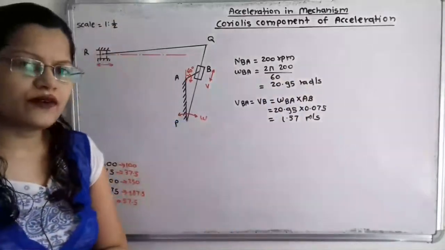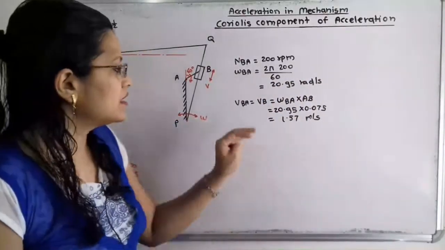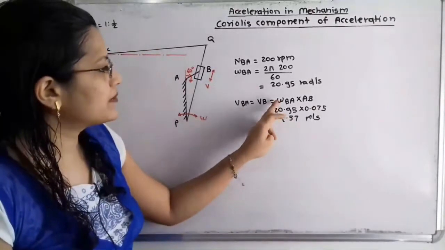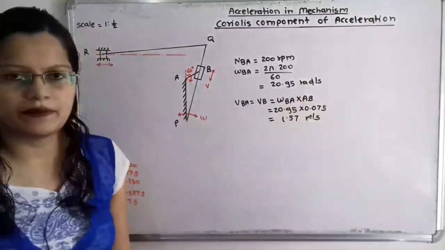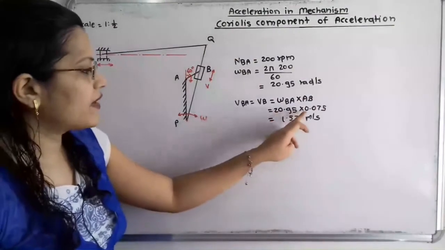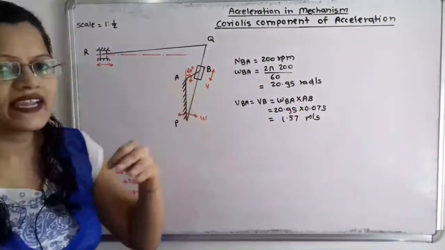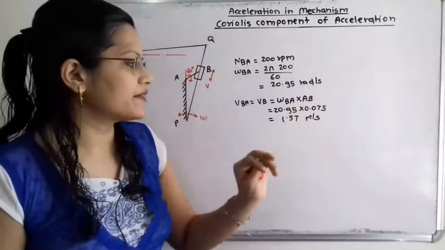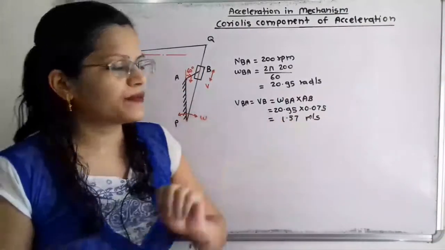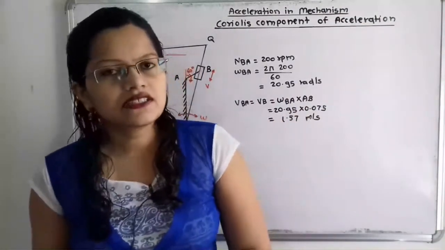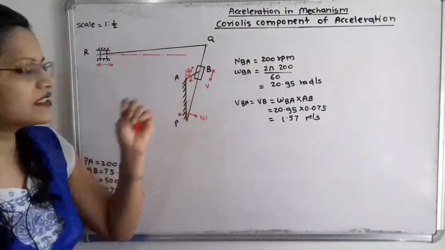From that we can calculate the linear velocity VBA, which is equal to VB, which is equal to omega BA into AB. So 20.95 into AB, which we take in meters, that is 0.075, which is equal to 1.57 meter per second. This is the linear velocity for this crank.